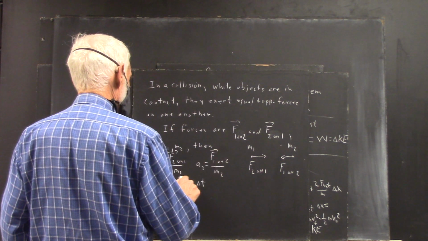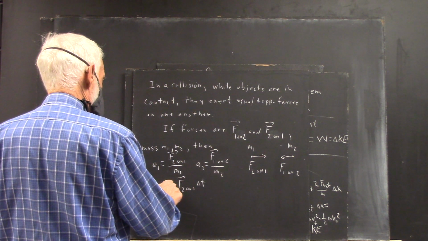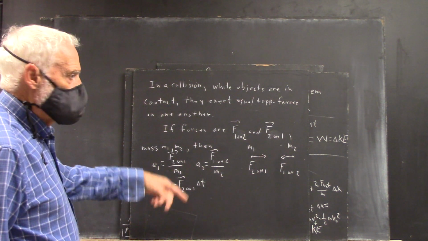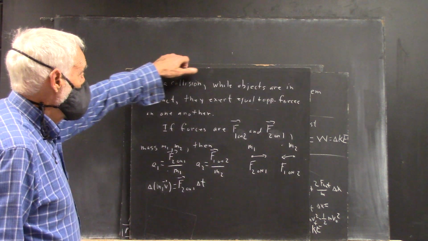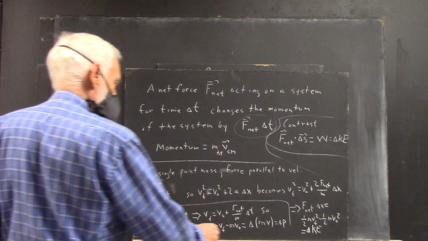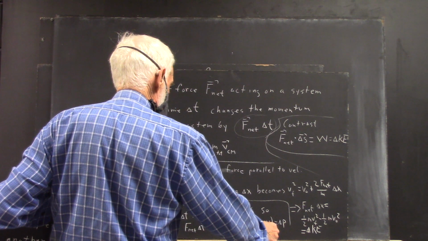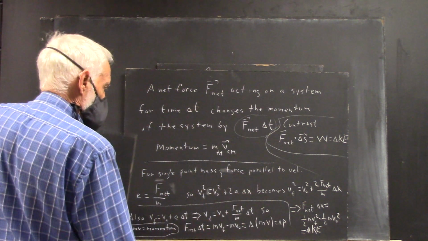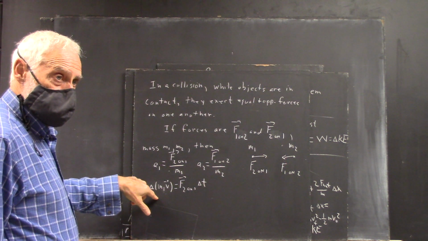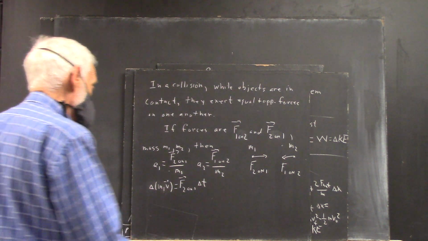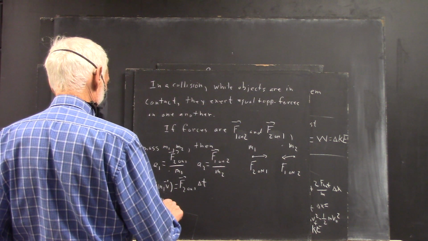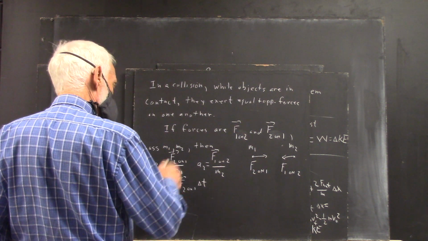These forces are vectors, so let's do this. Okay, the change in M1V, from what we just saw from the impulse momentum theorem, change in MV is F net delta T. So we're just applying that.